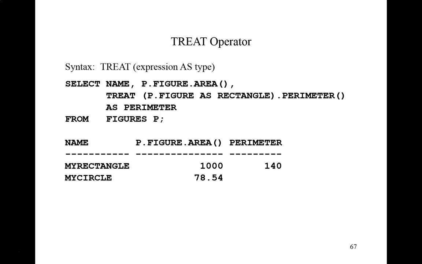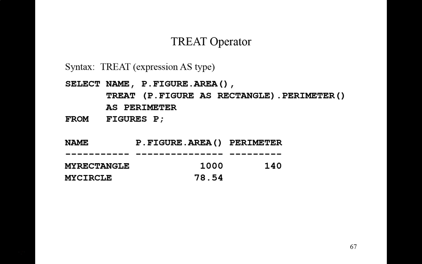The example we present here retrieves all polygons stored in the figures table. For each object, its area is calculated, and if the object is a rectangle, its perimeter is returned. The perimeter is null for circle objects.